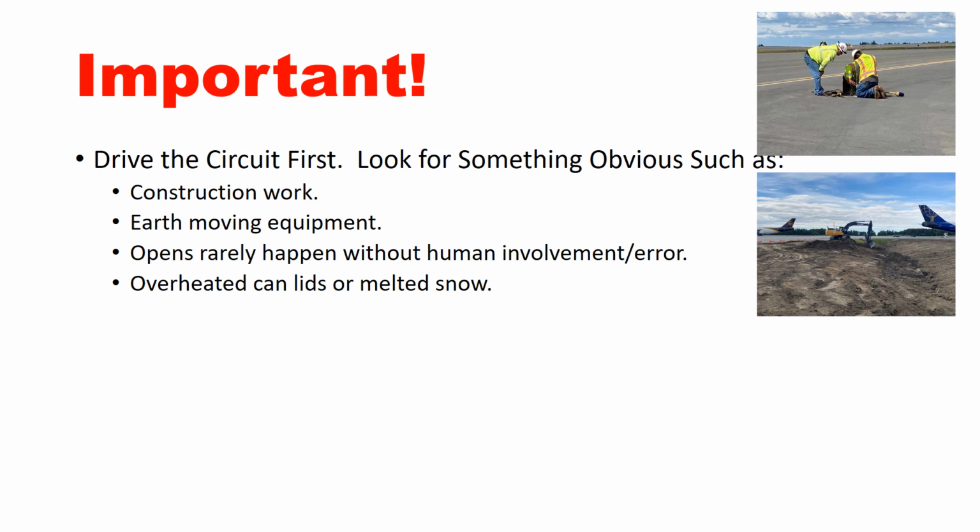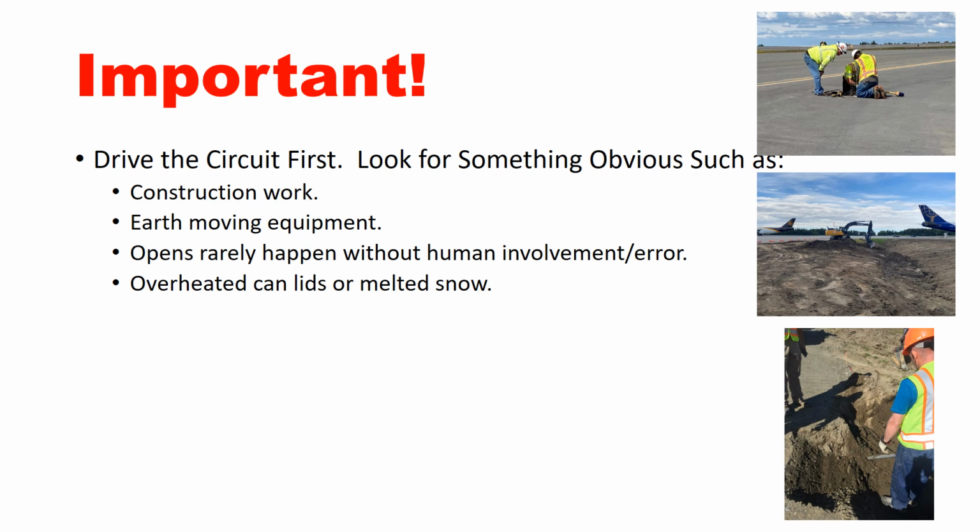Usually it involves someone out there doing something to the circuit. Now, if someone is working on the circuit and you start manipulating the regulator, you could kill someone. So it's very important. Check the circuit out and clear it first.